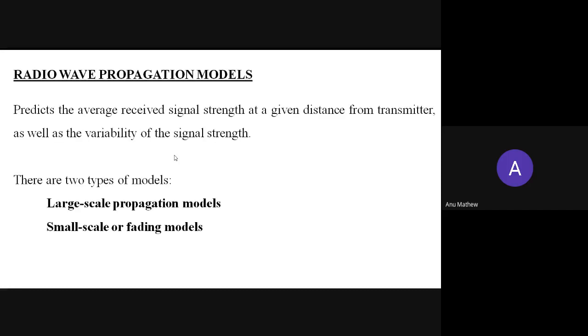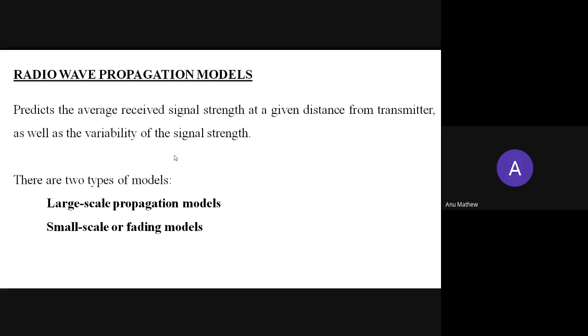Now, the different propagation models. Radio propagation models focus on predicting the average received signal strength at a given distance from the transmitter, as well as the variability of the signal strength.